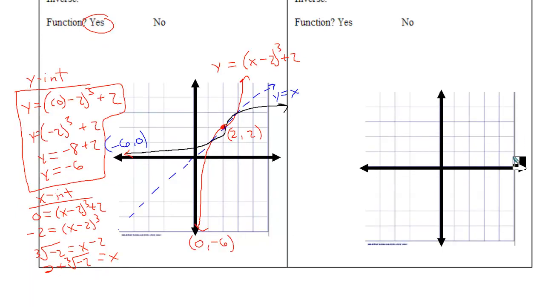That is approximately 0.7. So this x-intercept here is approximately 0.7, which means the y-intercept for this black curve is 0.7.